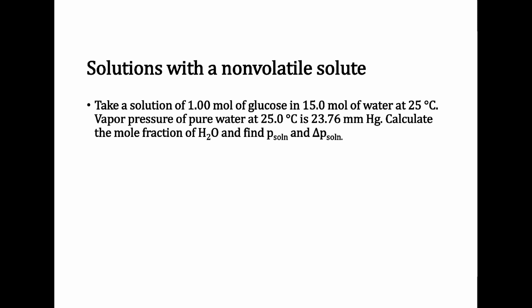So our first example, let's go ahead and look at a solution with a non-volatile solute. Here we have 1 mole of glucose and 15 moles of water at 25 degrees Celsius, and we want to find the mole fraction of water, which is our solvent, and we also want to find the pressure of the solution and then the change in pressure.